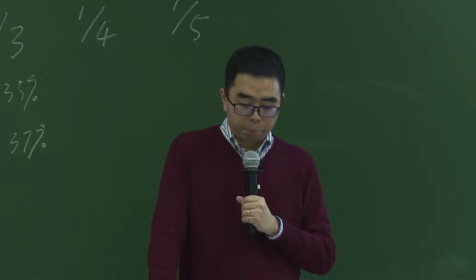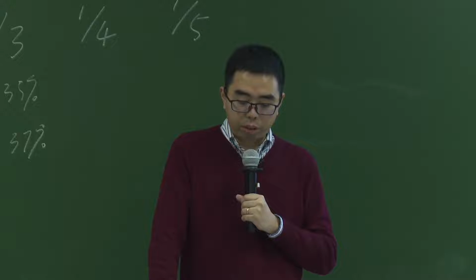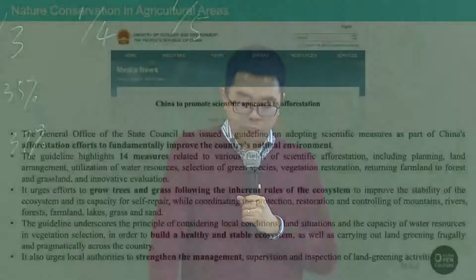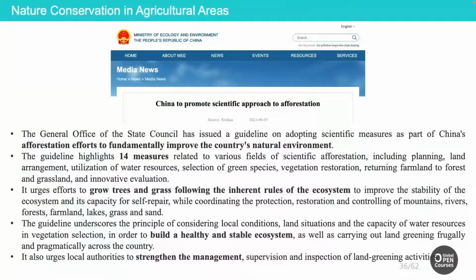To continually practice nature conservation, very recently, in June this year, the General Office of the State Council of China has issued a guideline for afforestation. The guideline highlights 14 measures related to various fields of scientific afforestation, including planning, land arrangement, vegetation restoration, returning farmland to forest and grassland.